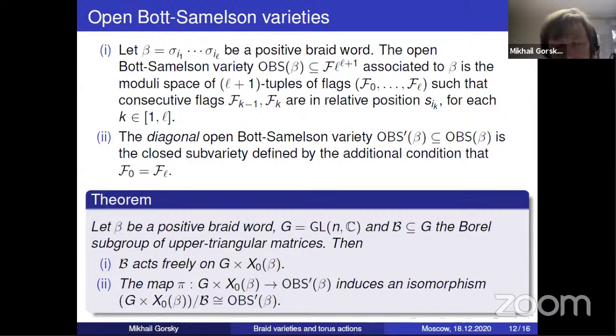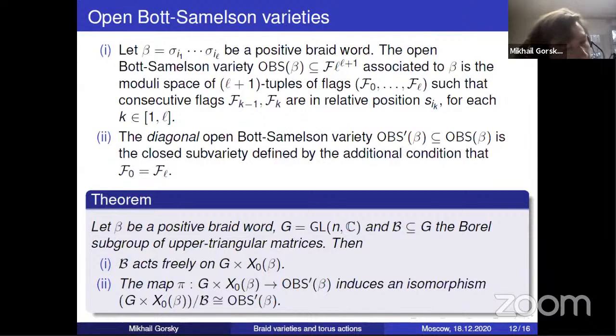Now the theorem is that our braid varieties also, in some sense, generalize open Bott-Samelson varieties. So if we fix our braid word and take the standard Borel in GL_n, then it acts freely on GL_n times X0 of beta, and a natural map from GL_n times X0 of beta to the diagonal open Bott-Samelson variety induces an isomorphism where we quotient out by this free action.